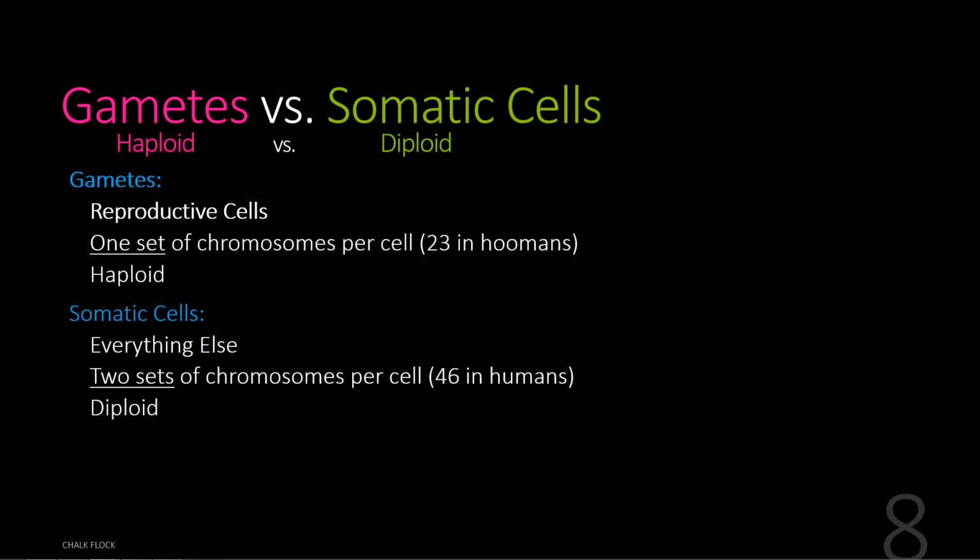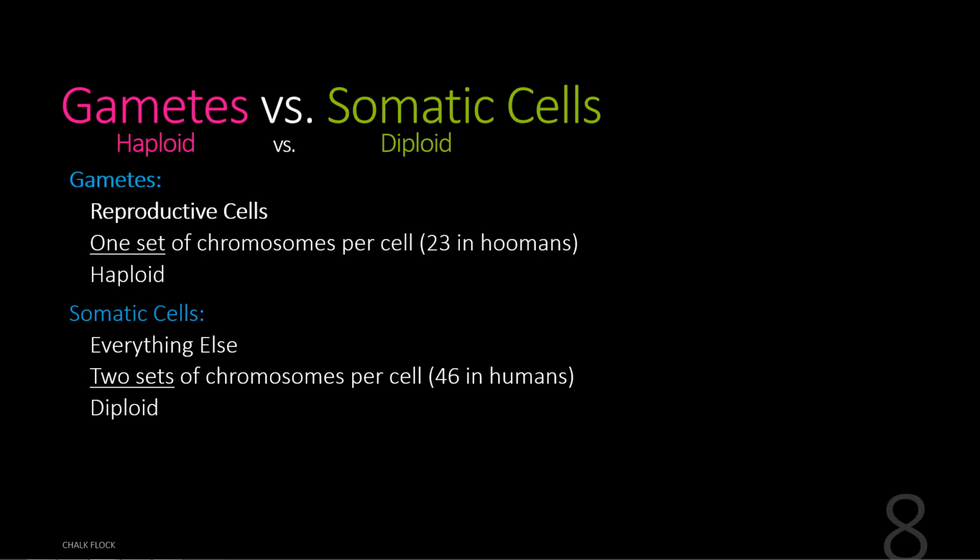When we talk about chromosomes and genomes, we'll want to be talking about gametes versus somatic cells. This is what I was talking about between haploid and diploid. We're going to refer to this information again in future slides, but I want to give you a quick overview right now.